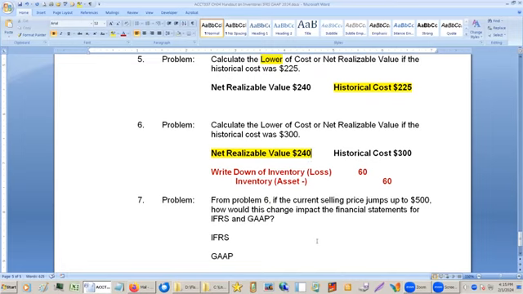Okay, now suppose something weird happens and the selling price jumps up to $500. How would this change impact the financial statements?